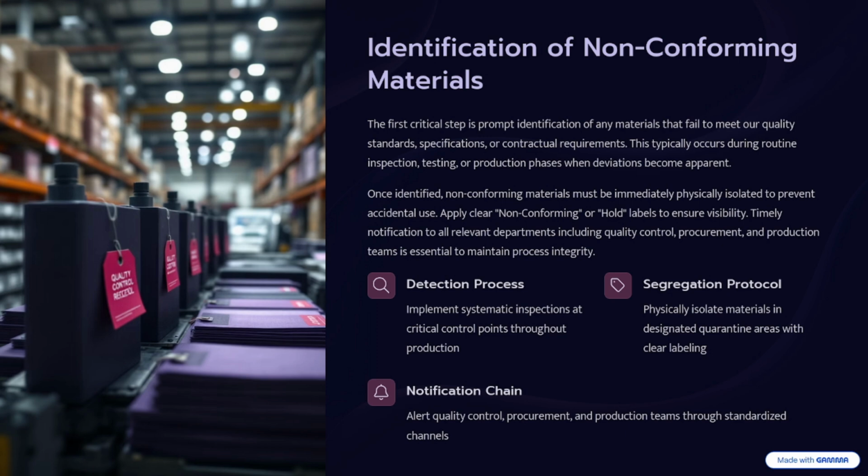Once you find that the material is not aligned with your approved material submittal, then you can easily identify that this material will come under non-conforming material. So the first step is the crucial step, which is prompt identification of any material that fails to meet our quality standard, specification, and control. This typically occurs during routine inspection, testing, and production phase when deviation becomes apparent.